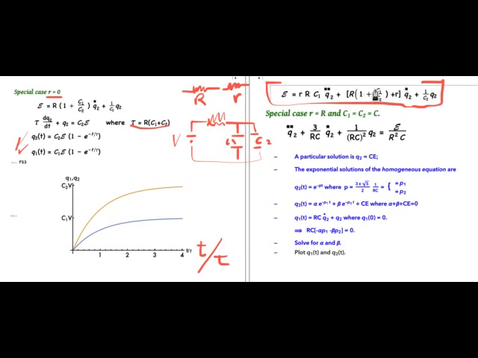Here will be Q2 dot times R times (1 plus 1 plus 1), because little r is the same as capital R. So this will be 3R, and I divided through by R squared C. So this will be 3 over RC Q2 dot.